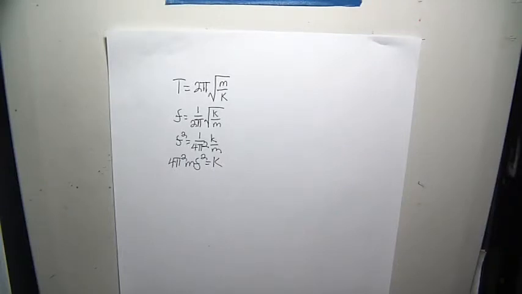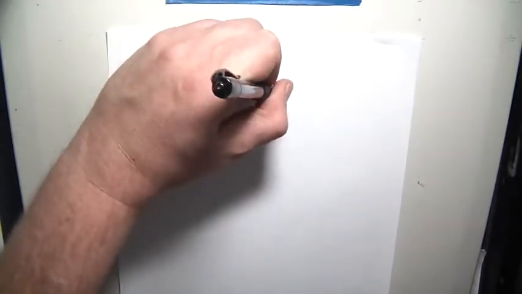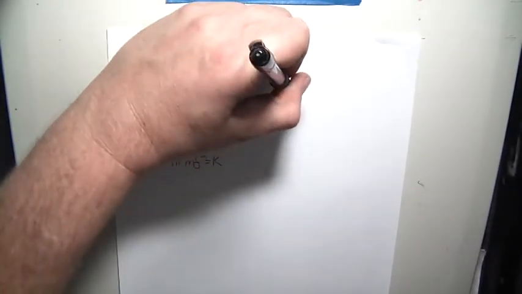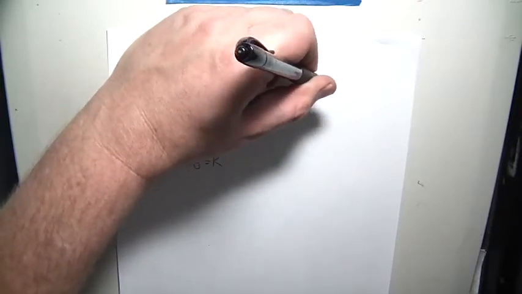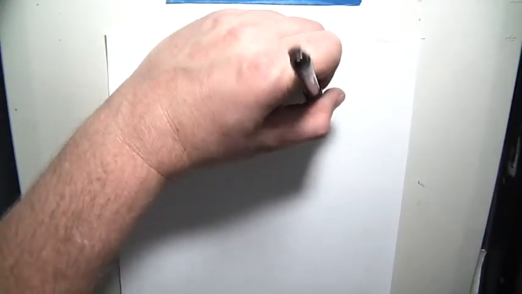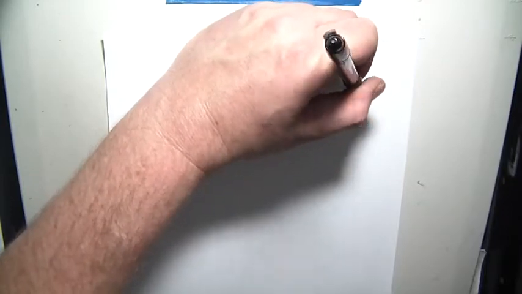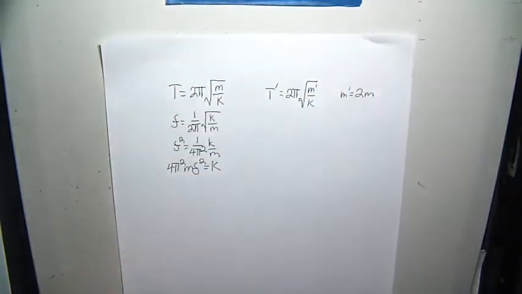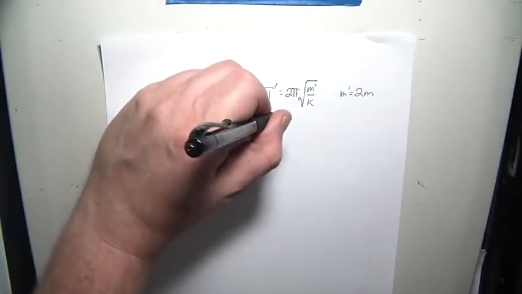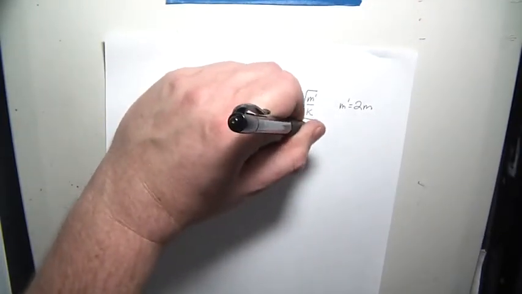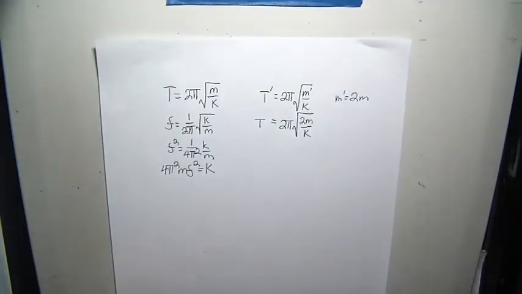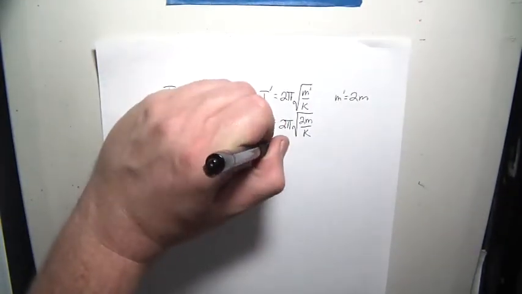If you doubled the mass, how would the period change? T prime is 2 pi square root of m prime over k, where m prime is 2m. Substitute. Pull that square root of 2 out.